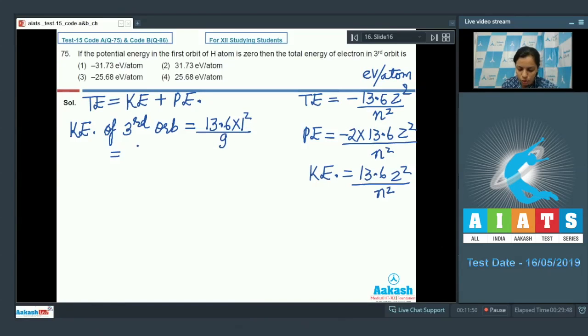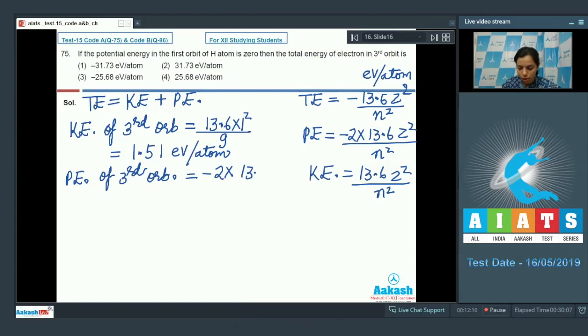So this value is equal to 1.51 electron volt per atom. Similarly, for the potential energy in the general consideration, that should be minus 2 into 13.6 z square, that's 1, by 3 square, that's 9.